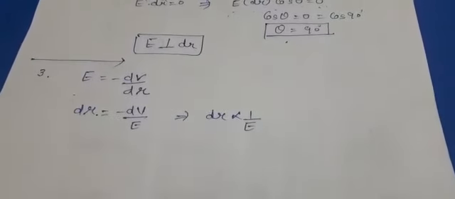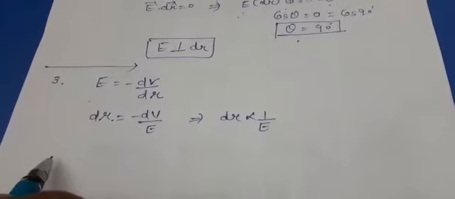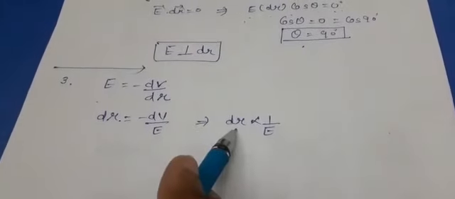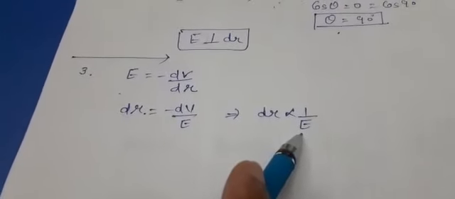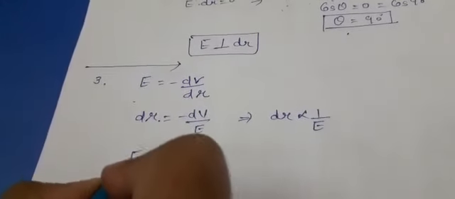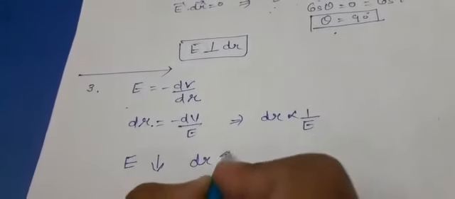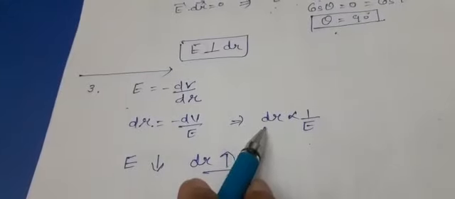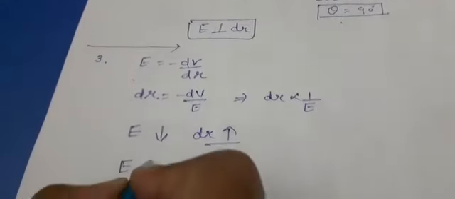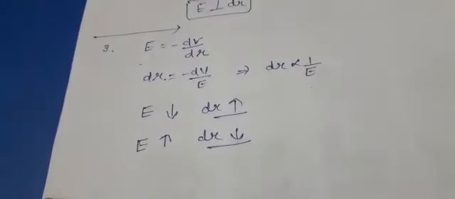What does it mean? That equipotential surfaces are far apart, which means distance increases, in a region of weak electric field. If in a region electric field is decreasing, then separation will increase. Inversely proportional: this factor will be less, this will be more. And vice versa, if electric field increases, separation distance will decrease.